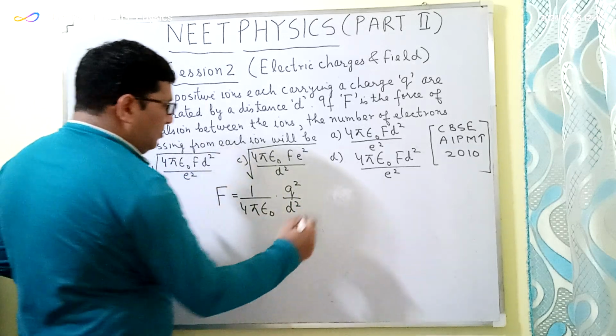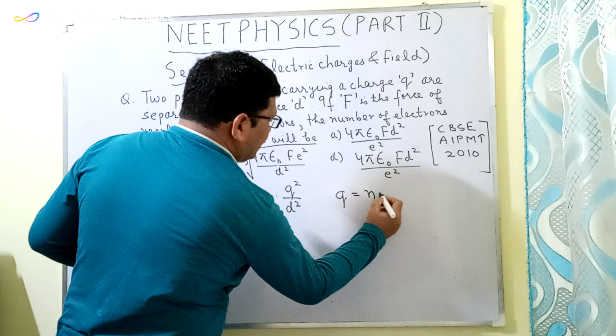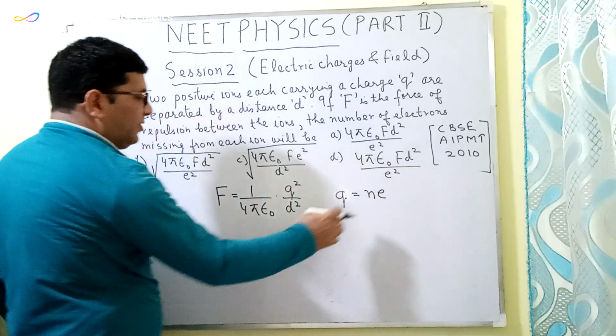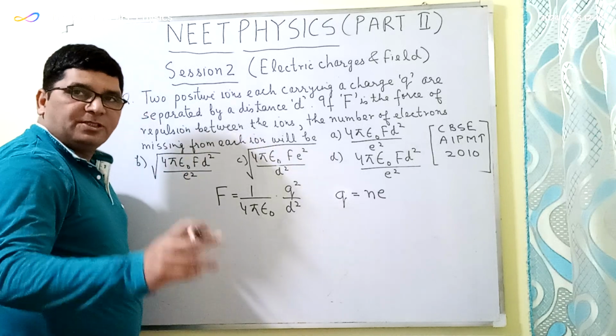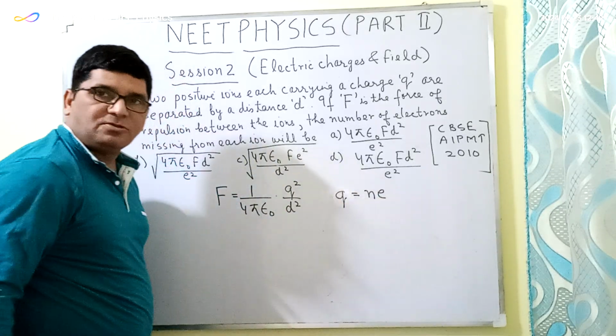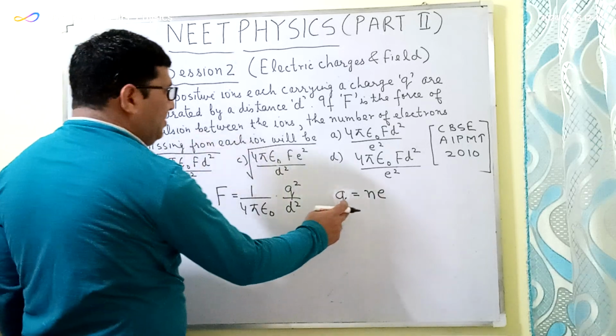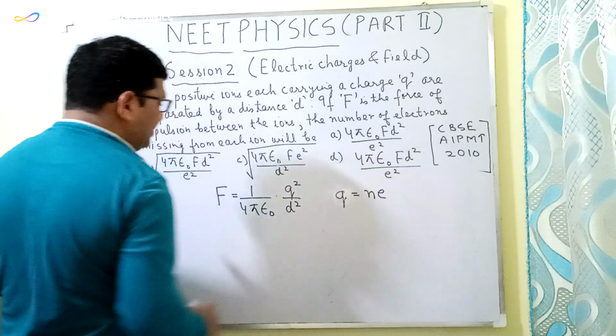Now, we also know that charge q is equal to n into e, where n is the number of electrons and e is the magnitude of the charge on the electron. So I will be substituting this value of q, that is equal to ne, in this equation.